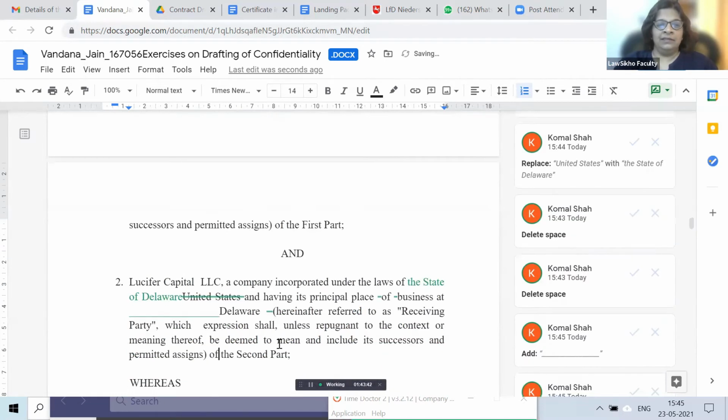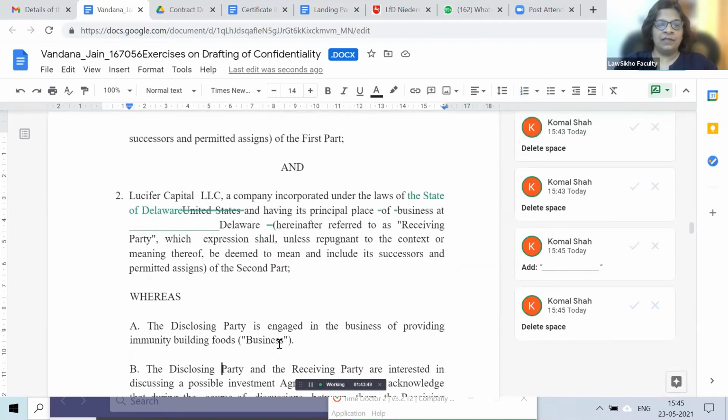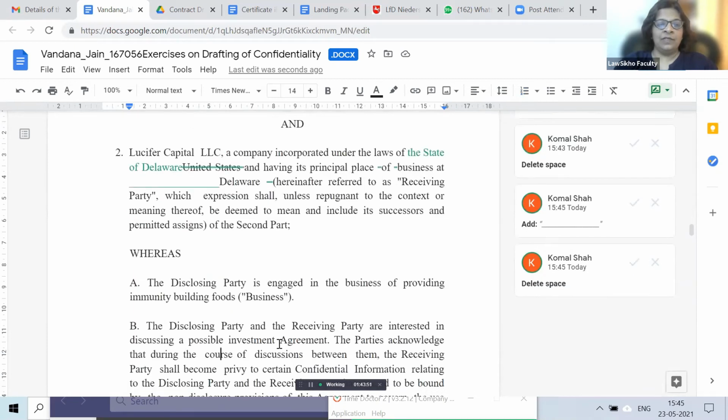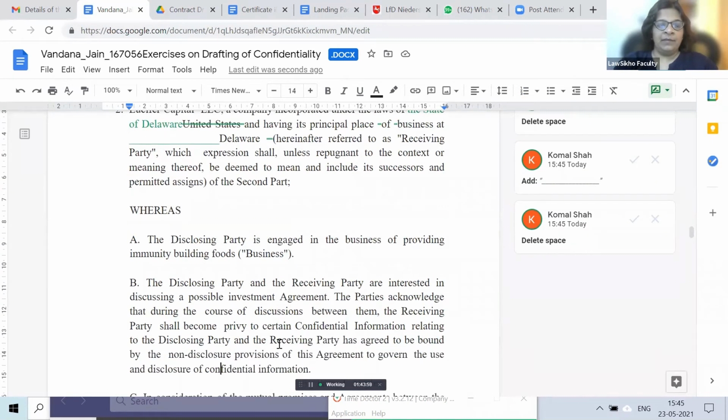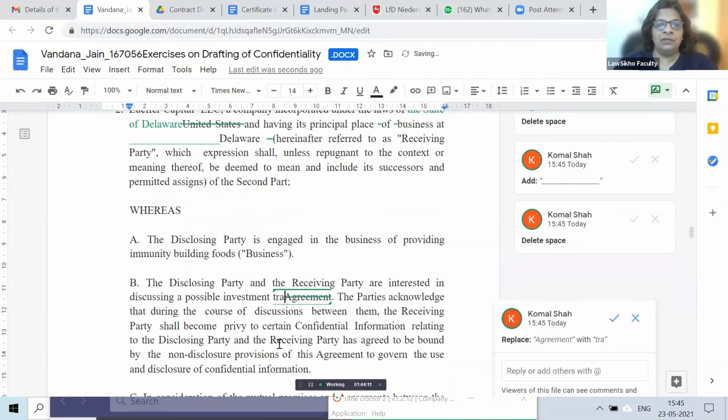Receiving party, which expression shall be deemed to mean and include its successors and permitted assigns. Disclosing party is engaged in the business of providing community building tools. Disclosing party and receiving party are interested in discussing the possible investment agreement. Rather, you would say investment transaction.